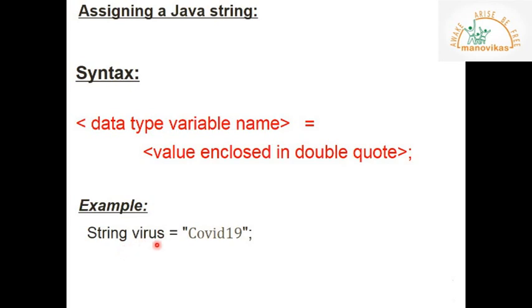Virus is the name of the variable, then the equal to assignment operator, and on the right hand side is the value. The string value which is assigned should always be enclosed in double quotes, and the statement ends with a semicolon.